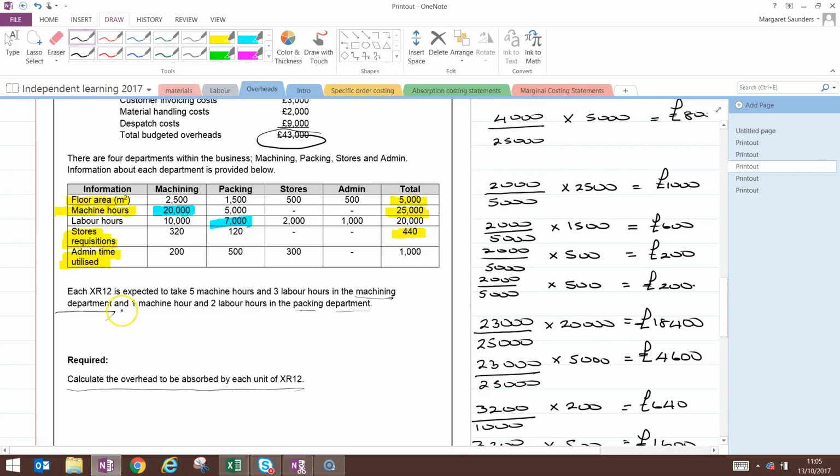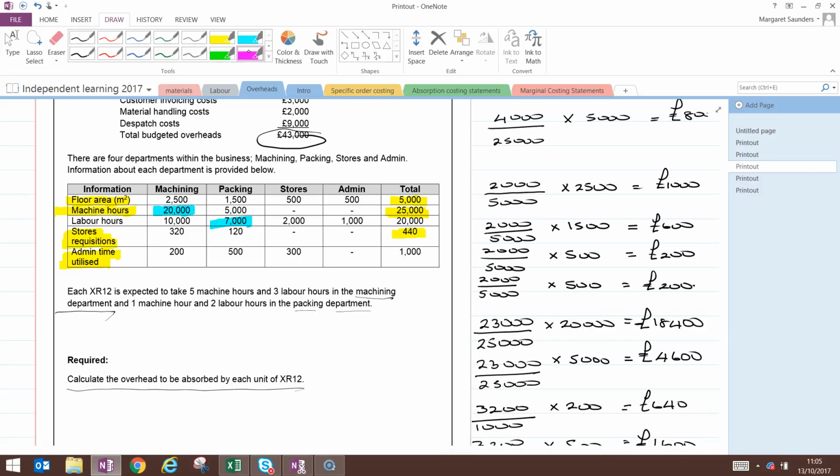Now this is where it can get confusing. What we're told is the XR12 is expected to take 5 machine hours and 3 labour hours in the machining department, and then 1 machine hour and 2 labour hours in the packing department. So which of those figures do we use?